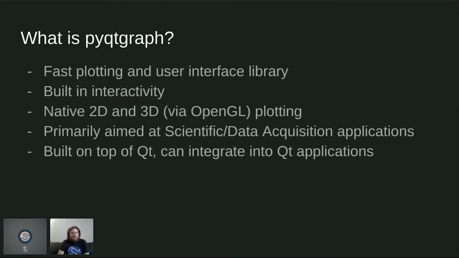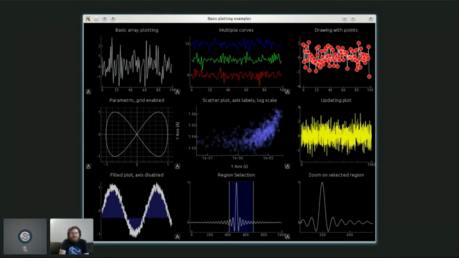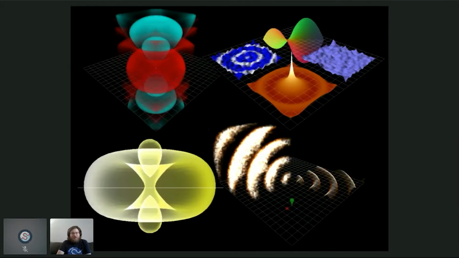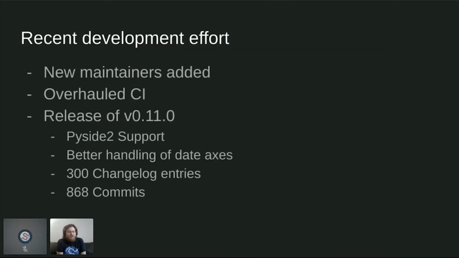So some examples, we have all of your favorite styling options available and various ways to select regions of data as well. We have some powerful image handling routines as well. And like I said, we can render 3D images. So recently we've added some more maintainers.